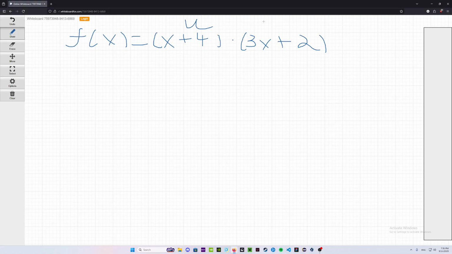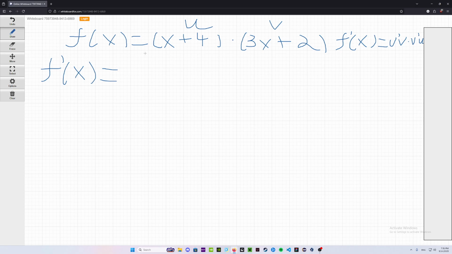Now let's make this u and this v. So f prime of x will be u prime v plus v prime u. Okay, so let's start. So f prime of x. This is u.